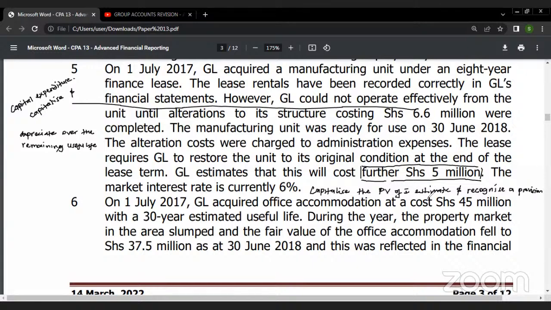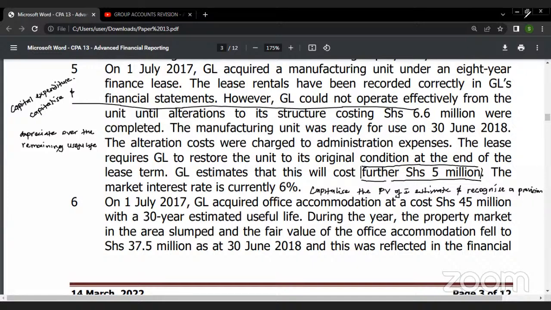Even these costs which you have capitalized for the present value of the estimate, you have to also depreciate them from the date on which that estimate was made. So let us try to make some notes on this.